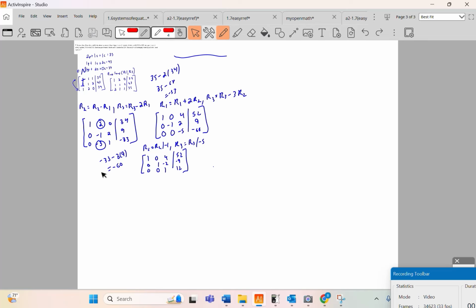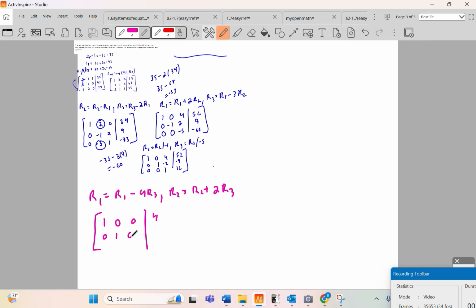Row 1 is row 1 minus 4 row 3s, and row 2 is row 2 plus 2 of these 1s, so 2 row 3s. 1, 0, 4 take away 4 1s is 0. 52 take away 4 12s is 4.